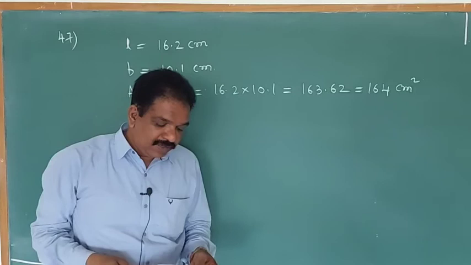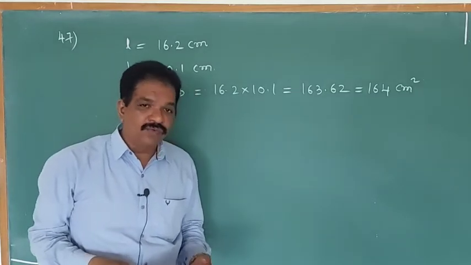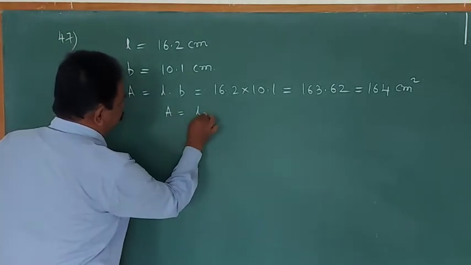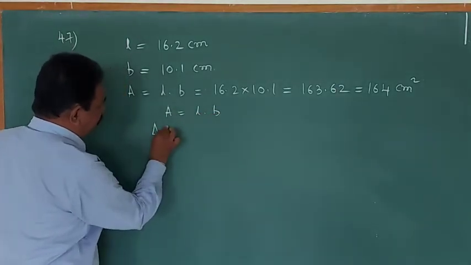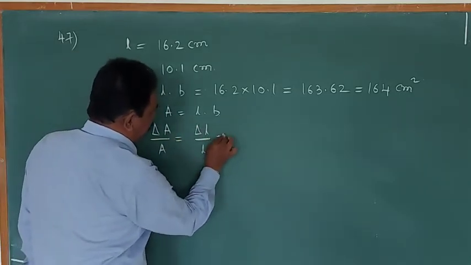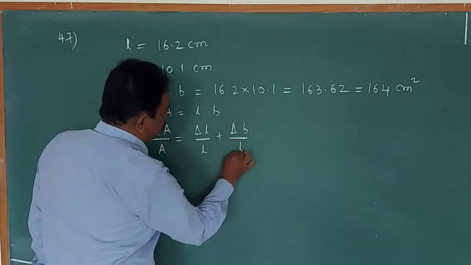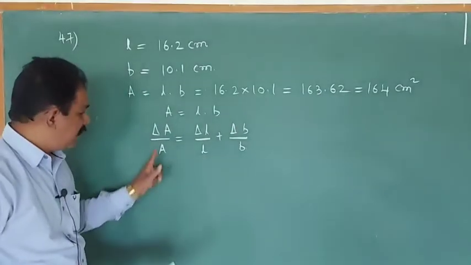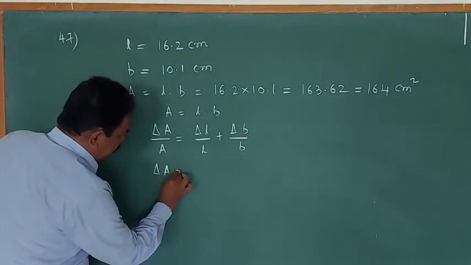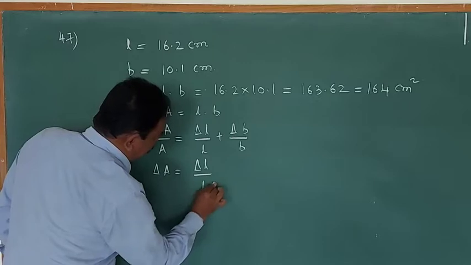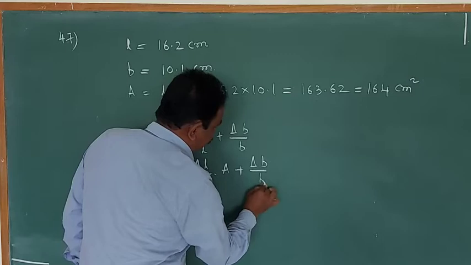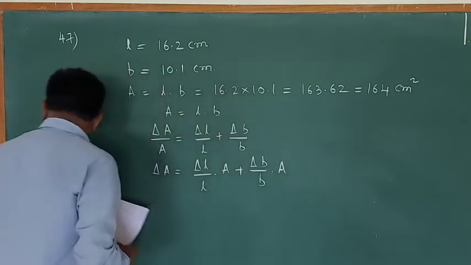And they are giving the error also. How to find the error? See, A is equal to L into B na? Delta A by A is equal to delta L by L plus delta B by B. I am bringing this A to this side. Then delta A is equal to delta L by L into A plus delta B by B into A. The point is clear?